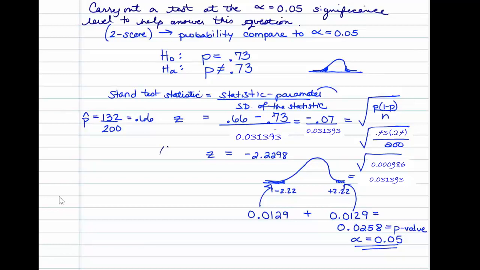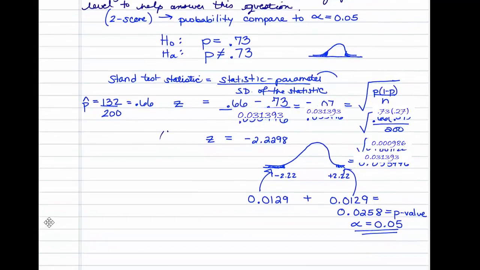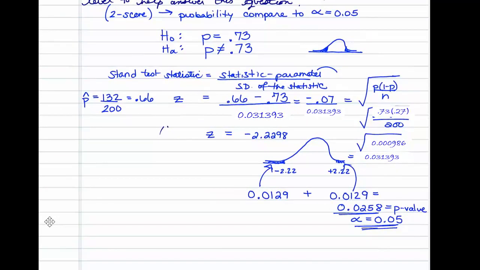And of course, there's a nice sentence that you've got to say involved with this too. But that's what we're kind of looking at, we're comparing this number to this number over here. So when the p-value is lower than alpha, we're going to reject the null hypothesis.